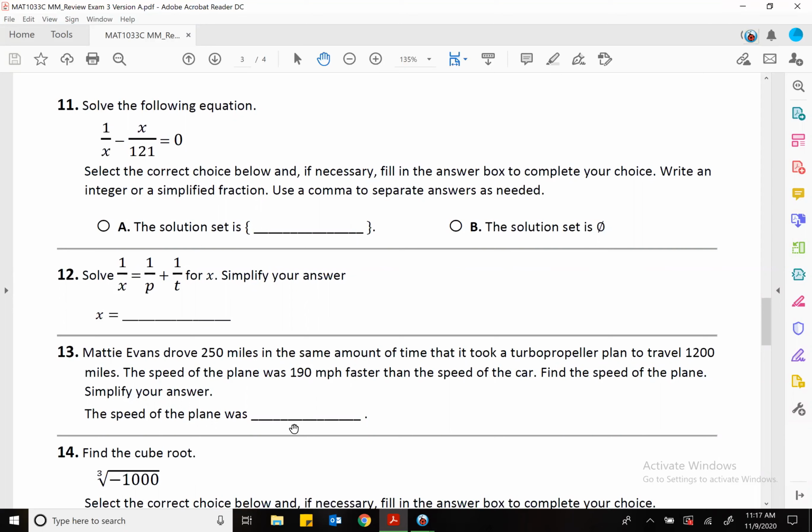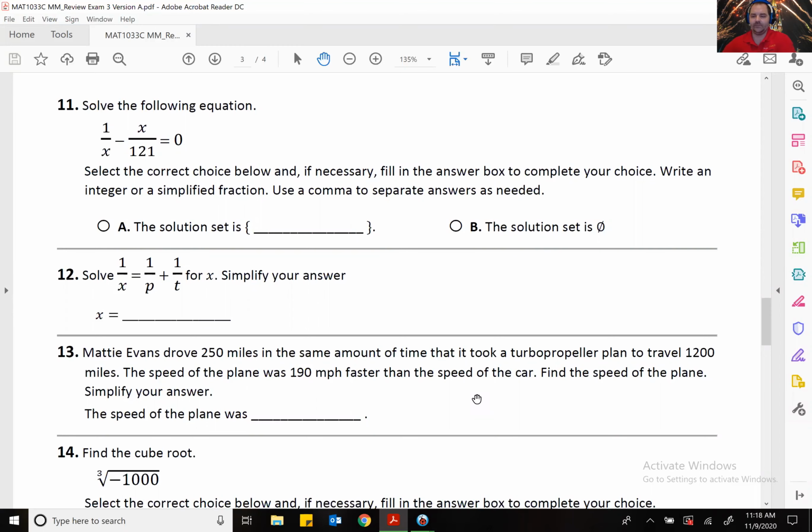No. But we do know that whatever time it took the car to travel is the same as the time it took the plane to travel, because it says same amount of time, car, plane. All right, so that's going to be key for us.